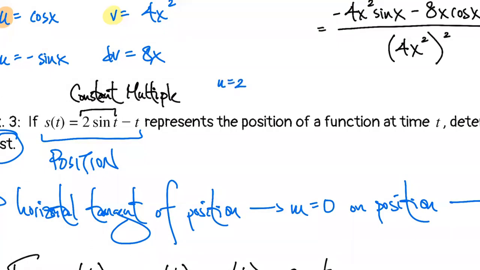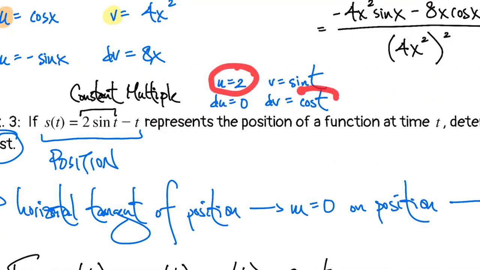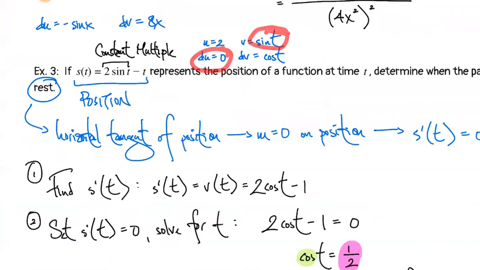U would be 2, V would be sine t. If I wanted to use the product rule, this would become cosine, this would be 0. When I use the product rule, I'll get 2 times cosine t plus sine t times 0. And that's why when we get to here, we only have the 2 cosine t.